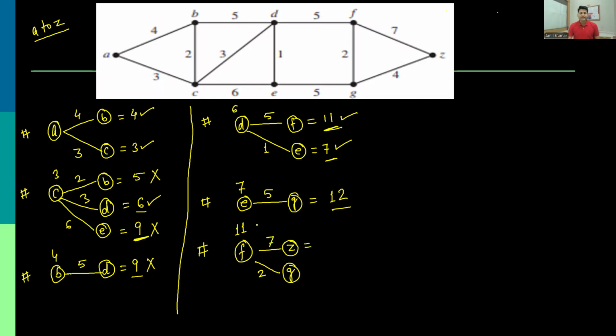The sum will make it 11 plus 7 is 18, and 11 plus 2 is 13.